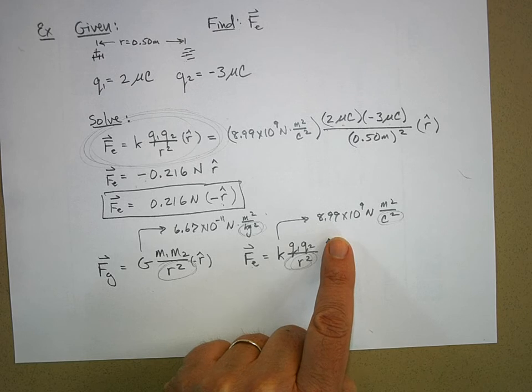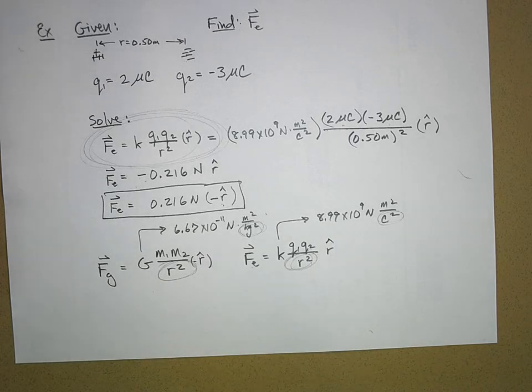You're sitting next to somebody right now. You both have mass. Are you feeling gravitational attraction? No. You might feel something else, but it's not gravity. Now, do you feel an electrical force, an electrical repulsion, or an electrical attraction? No, you don't right now. Why is that?